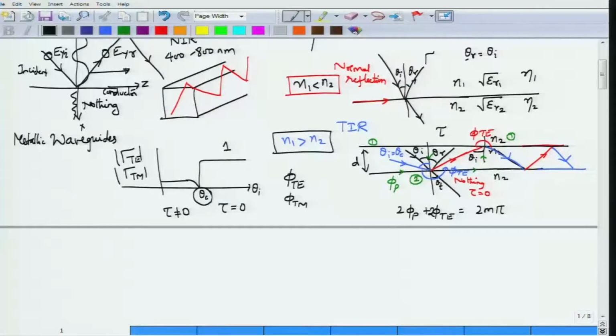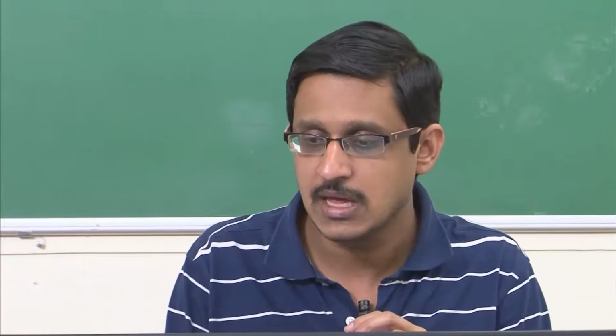Okay. Unfortunately, this equation based approach does not yield what kind of mode shapes are possible and what kind of mode shapes are sustainable. Moreover, this analysis assumes that the film thickness is quite large, and therefore we can get away by describing light in terms of its ray picture.